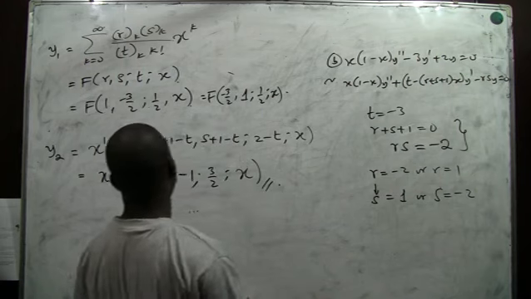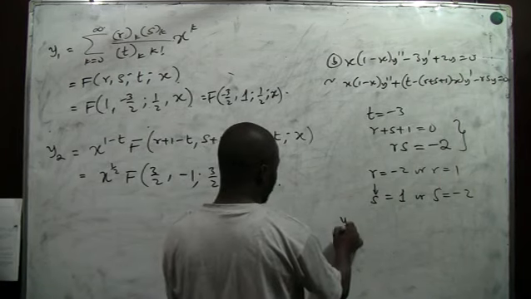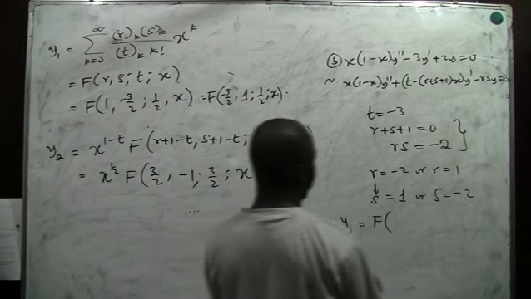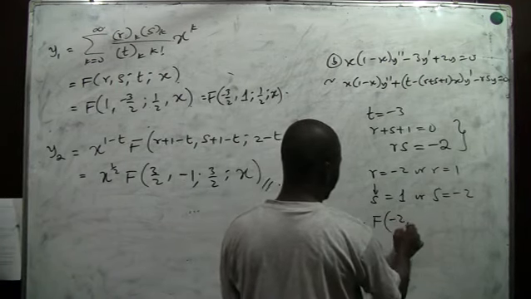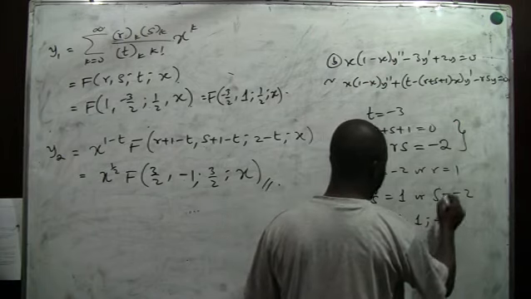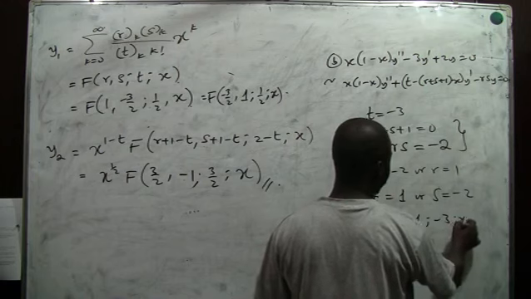So let us make our substitution. So the first solution is F, our r, minus 2, comma 1; minus 3; x.